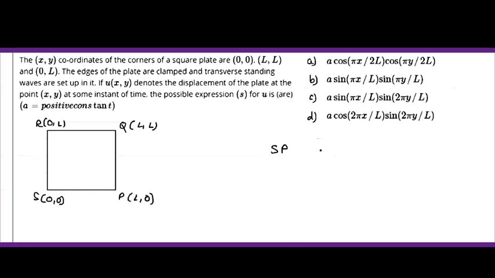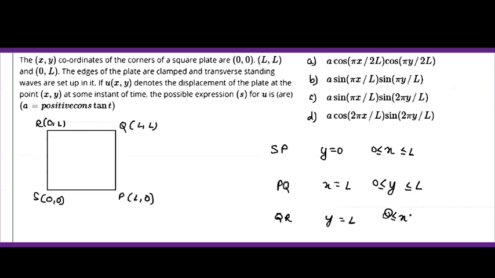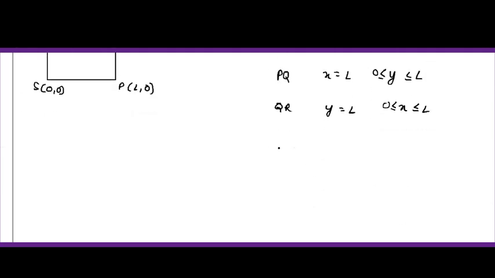For SP, y would be equal to 0 and x would be varying from 0 to L. For PQ, x would be fixed at L and y would be varying from 0 to L. For QR, y would be fixed at L and x would be varying from 0 to L. For RS, x would be equal to 0 and y would be varying from 0 to L.